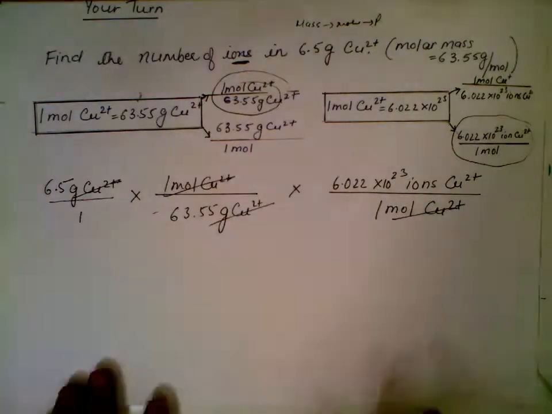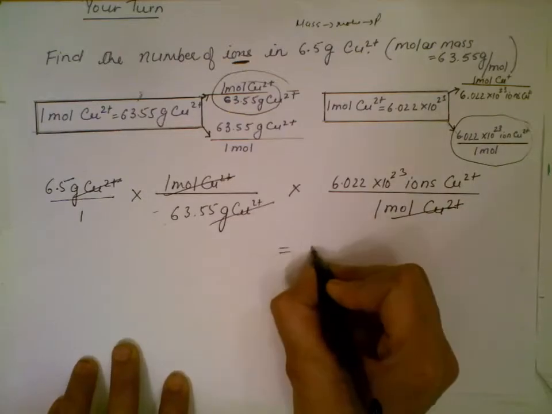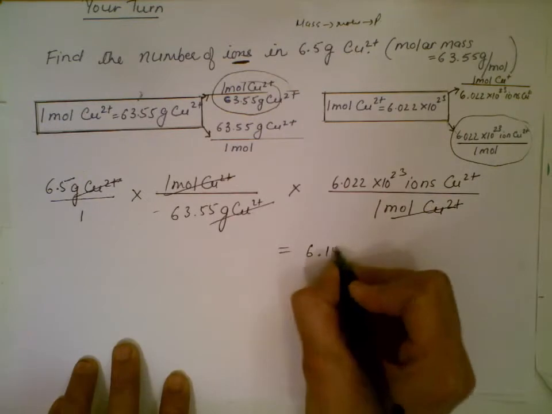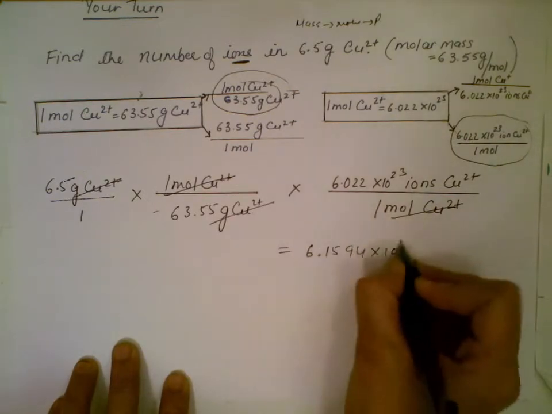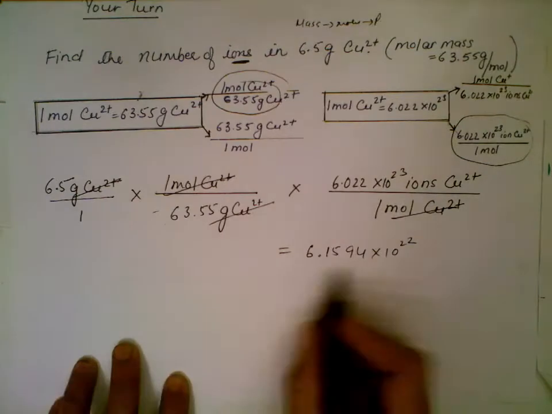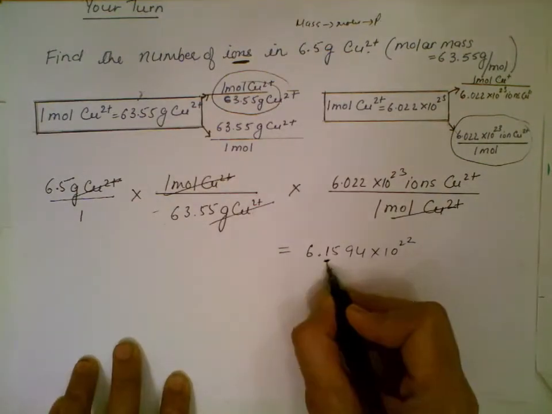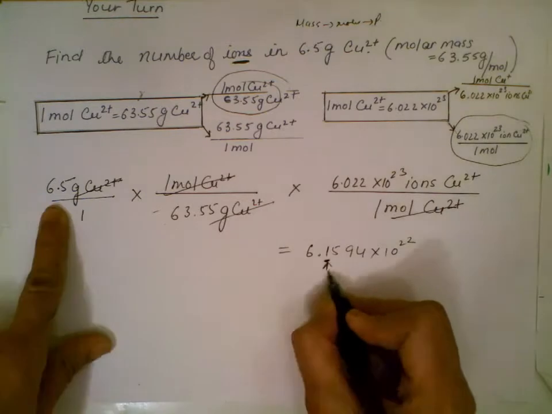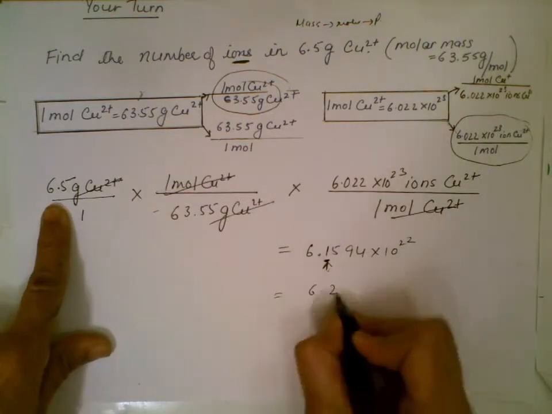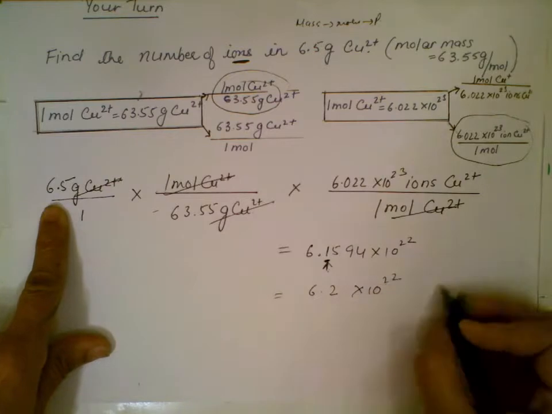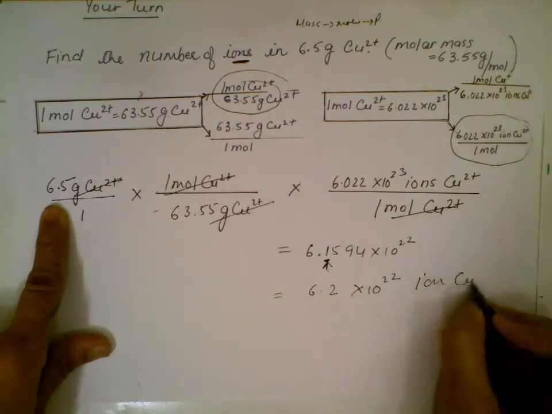And they are right here. Now use your calculator. This will give you 6.1594 times 10 to the power 22. So here, don't forget to write the units, and you have to round off because it is 2 sig figs. So the final answer will be 6.2 times 10 to the power 22 ions.